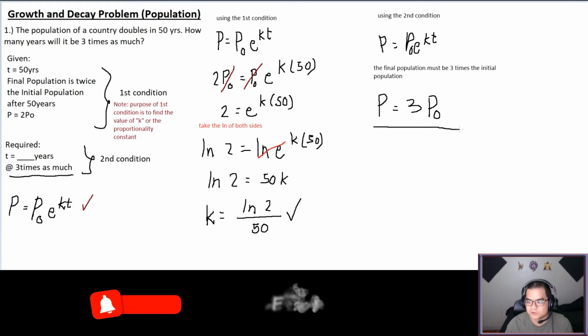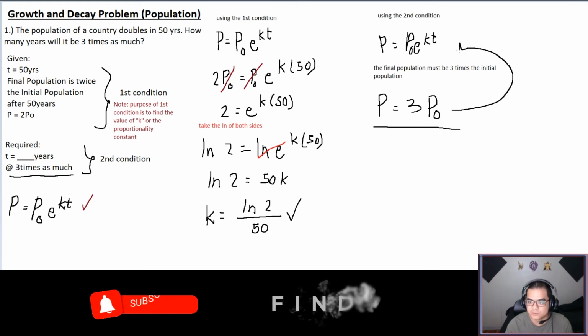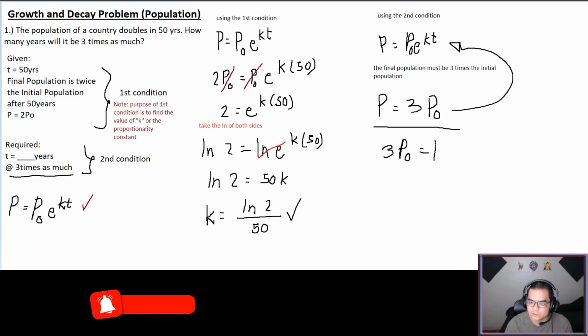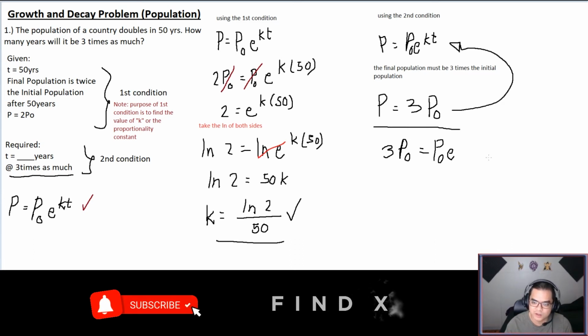Now we can substitute this value to the formula. Here, you'll have 3P₀ must be equal to P₀ e raised to kt. We already have a value for k, which is ln 2 over 50. So ln 2 over 50 times t.